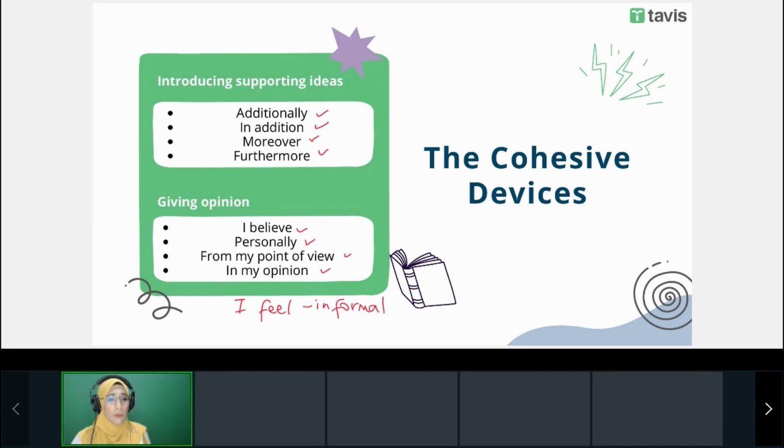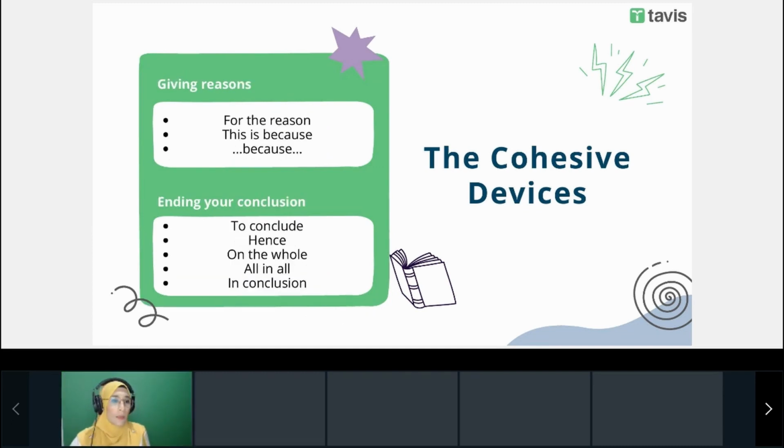Although it has a similar meaning to I believe, this is more informal, so you can use this in your email. I feel that I prefer to do this one, something like that. So try to avoid using any informal language when it comes to this particular part and also with part 3. Avoid that.